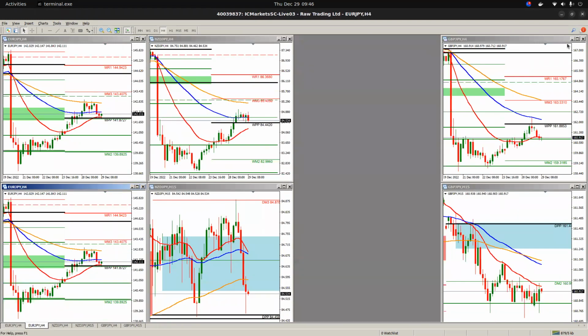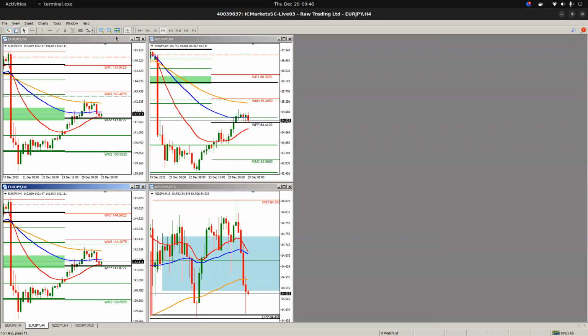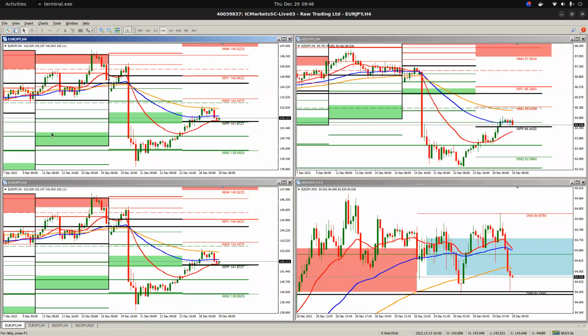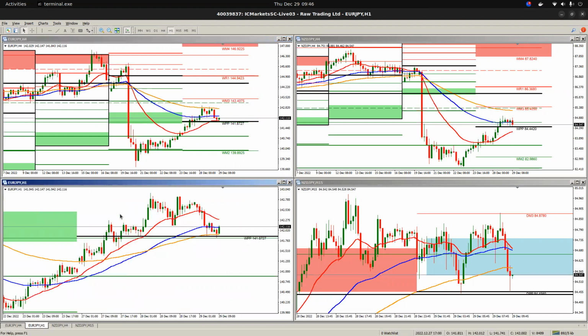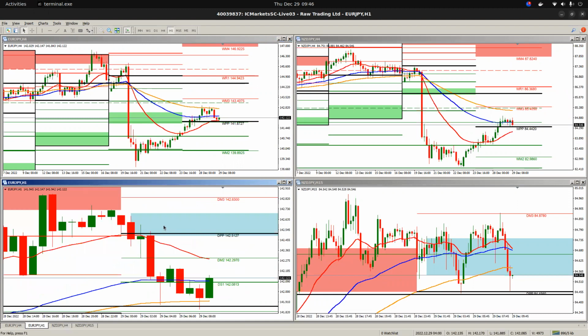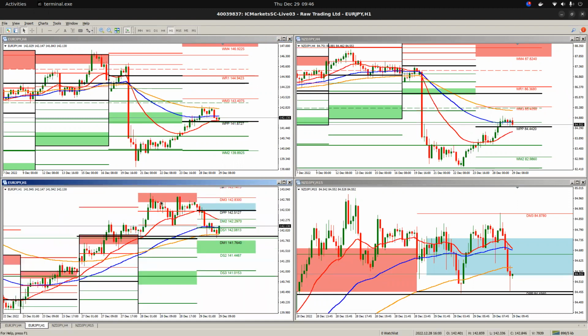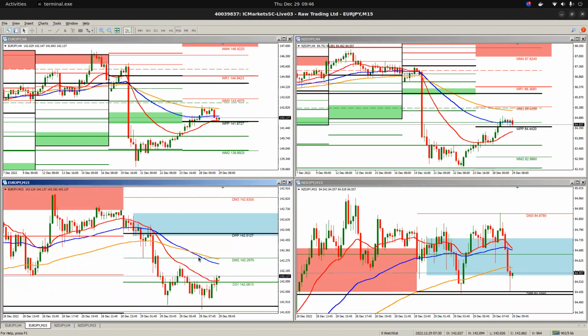Let's close that, and let's close that. Let's just sort that out. So euro yen, Kiwi yen. I'll have an H4 time frame here, an H1 or M15 time frame here. Change my template. Okay, and ultimately looking for that M15 time frame over here on Kiwi yen, staying with the H4, and then my M15's here already.